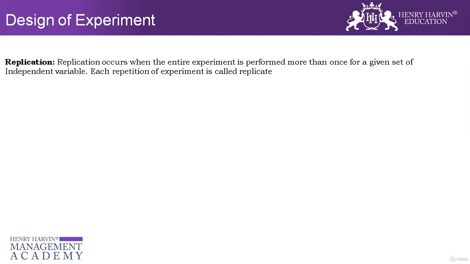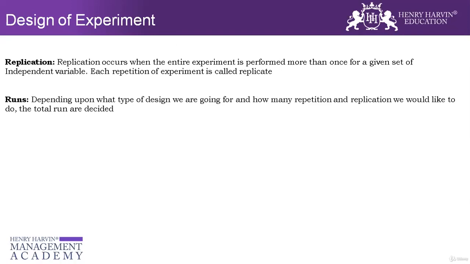I can do replication n number of times, because the more replication I do, the more confident I would be about my experiment. Then we talk about runs. Runs are very, very important. Runs are basically the number of trials that I'm going to have. There is a formula for runs. Runs is equal to level power factor.